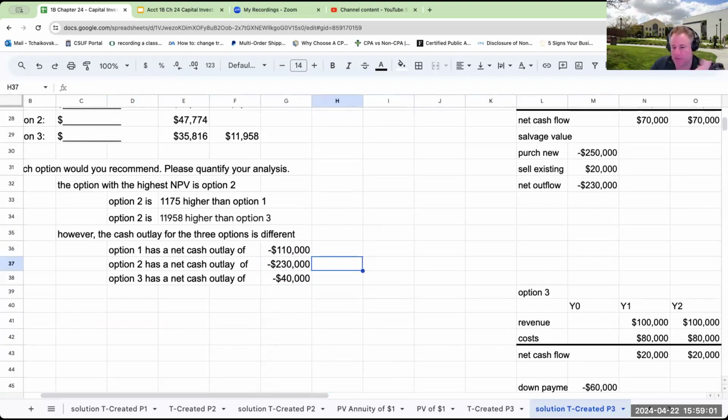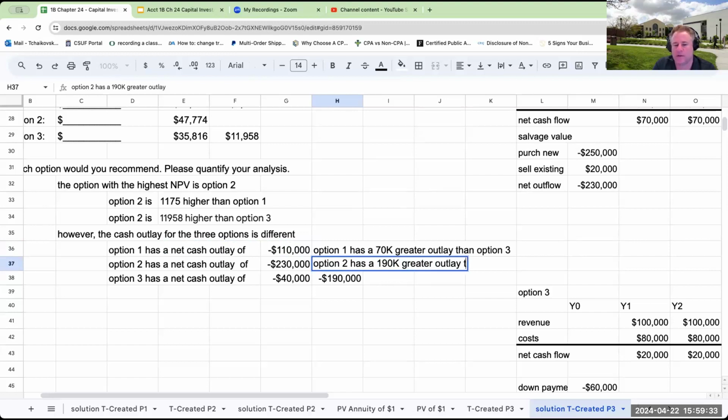And when we compare these, option one has a 70,000 greater outlay, and option two has a 190,000 greater outlay than option three.